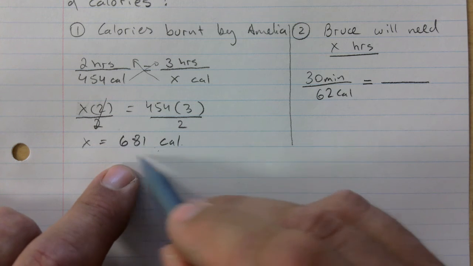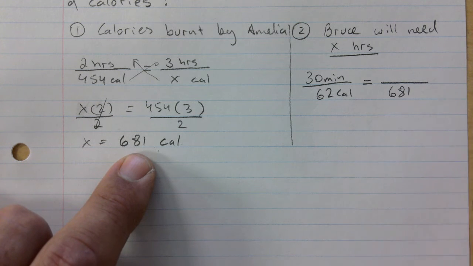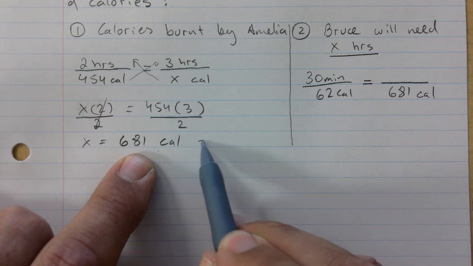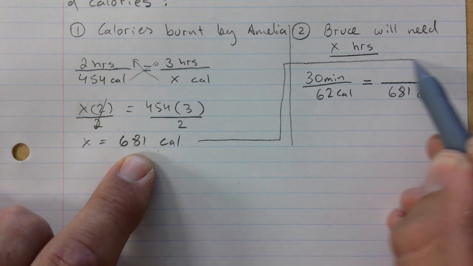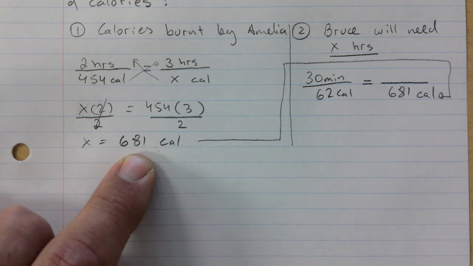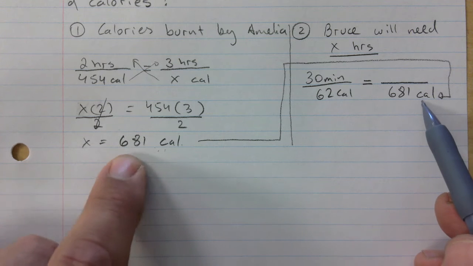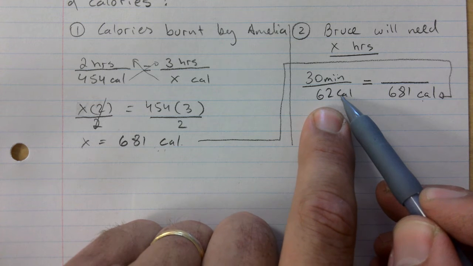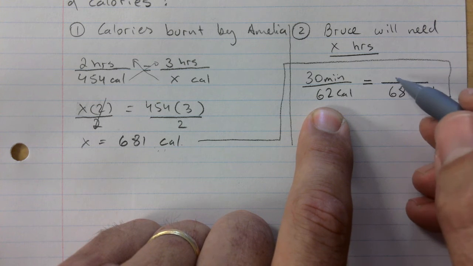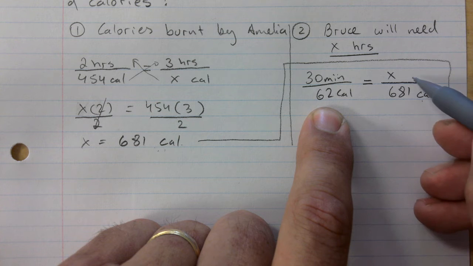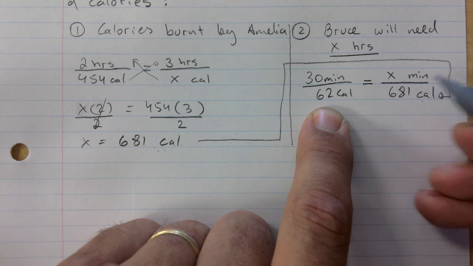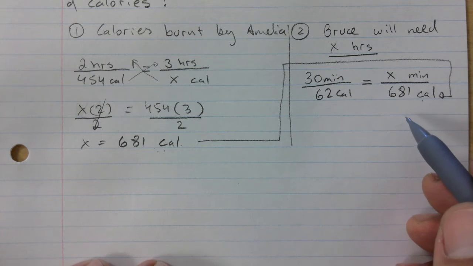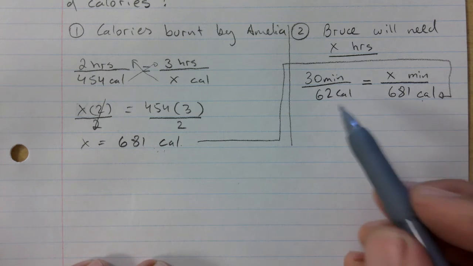I'm going to use this 681 over here. I don't know if this is going to make it a little messy, oh yeah, super messy. But anyways, that way you know, the 681, I carry it over to here. I know the rate that Bruce burns calories at, and I'm going to figure out x, the number of minutes. You could have put down half an hour, that's fine, but the question doesn't specify whether it should be in minutes or hours. I will do both probably.